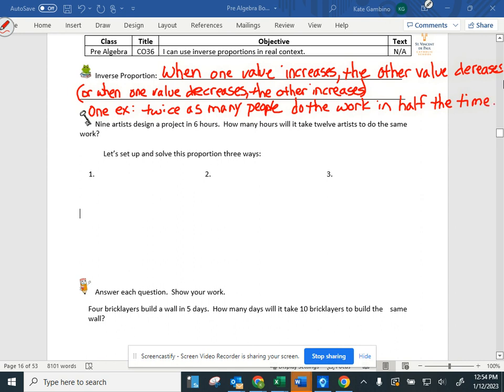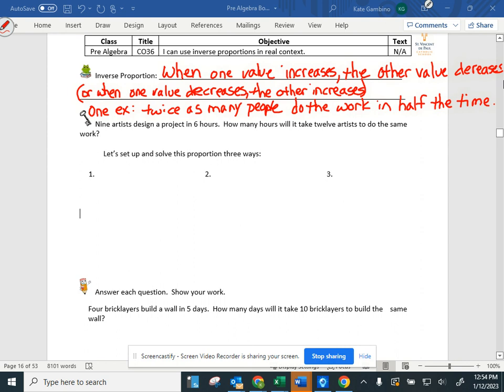So as the number of people goes up, the amount of time that it takes to get the work done goes down. Kind of makes sense, right? More people doing it, the less time it takes. So that's an inverse proportion. When one number goes up, the other number comes down.